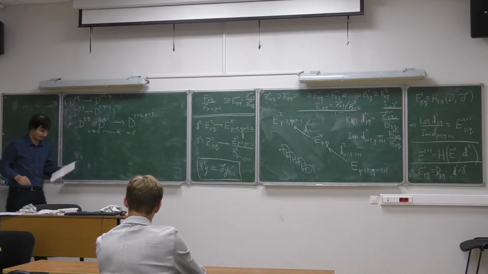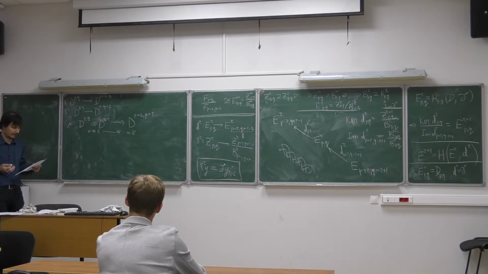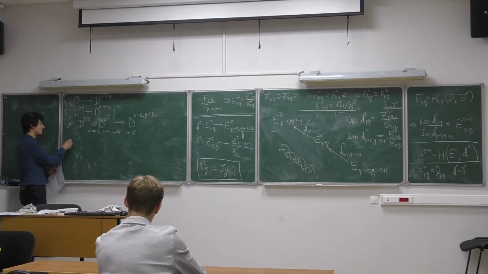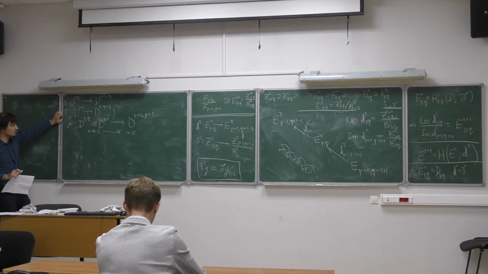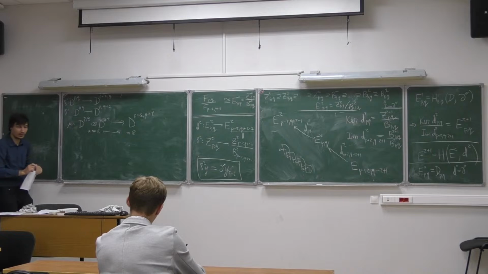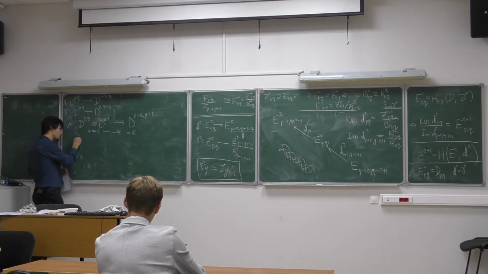And this multiplication should satisfy the Leibniz rule. But now we have two differentials, and we assume that we have the Leibniz rule with any of them. So each of them, delta prime and delta 2 prime, satisfies the Leibniz rule.